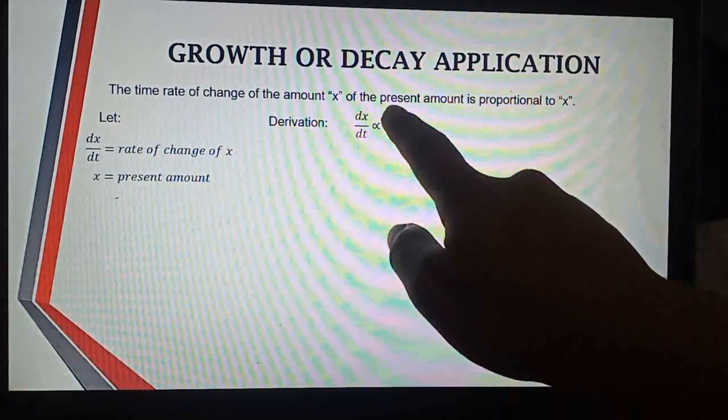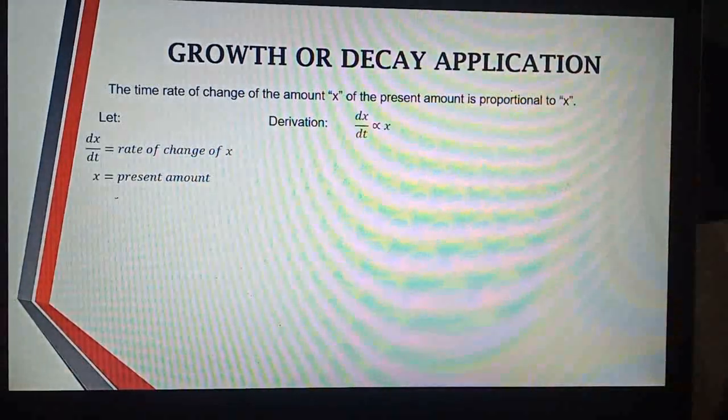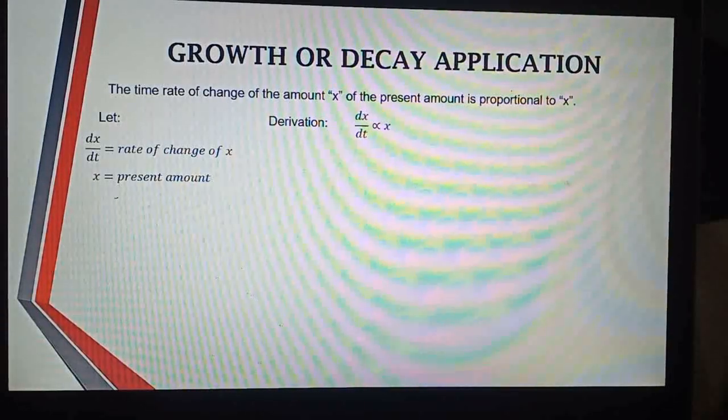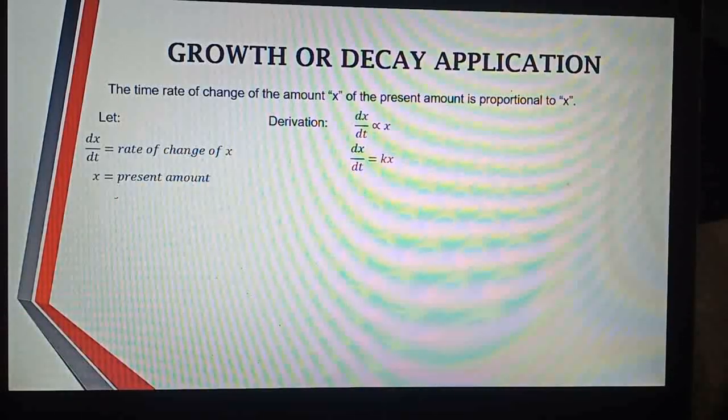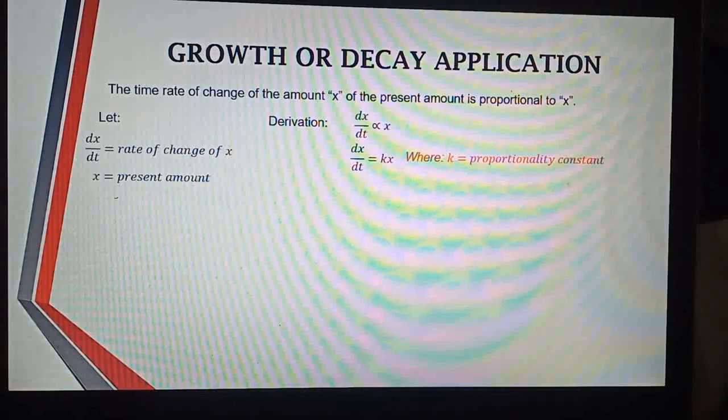So here's your definition when we turn it into an equation. We equate dx over dt to kx, wherein k is what we call the proportionality constant.